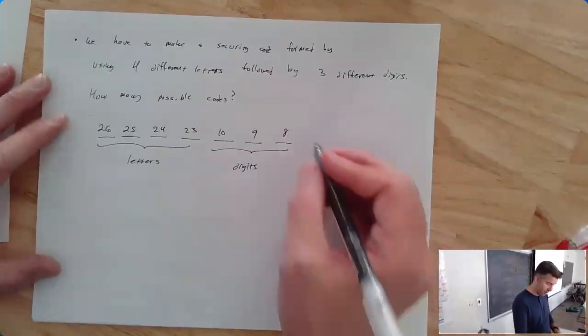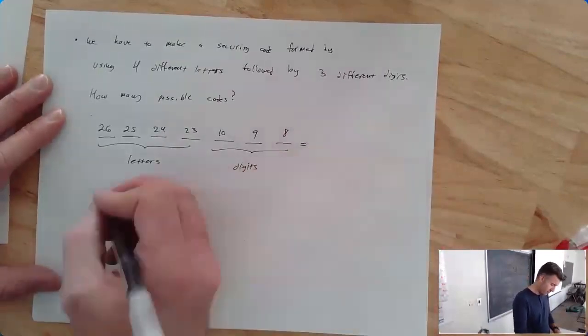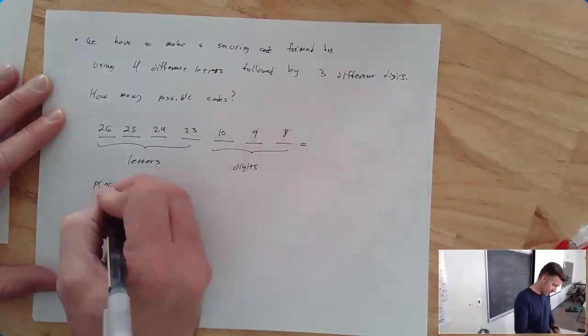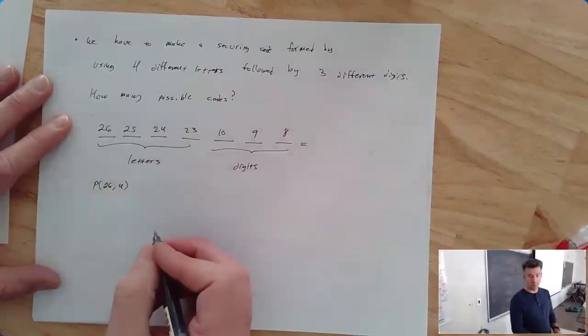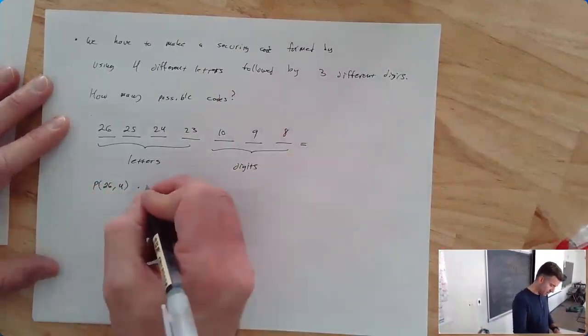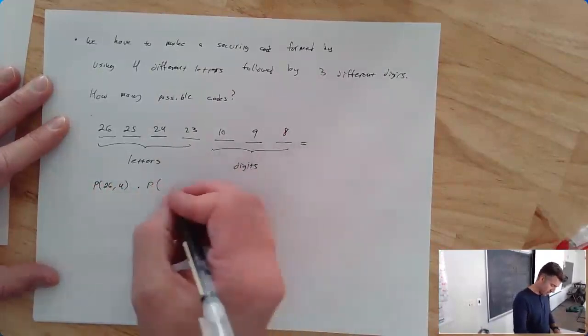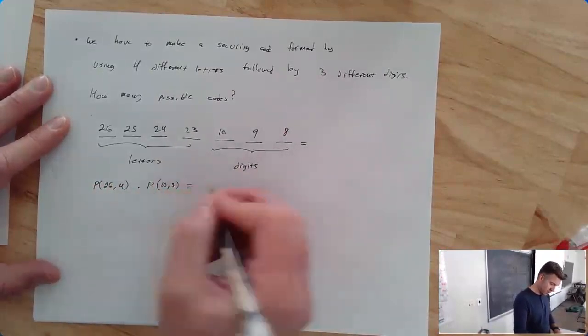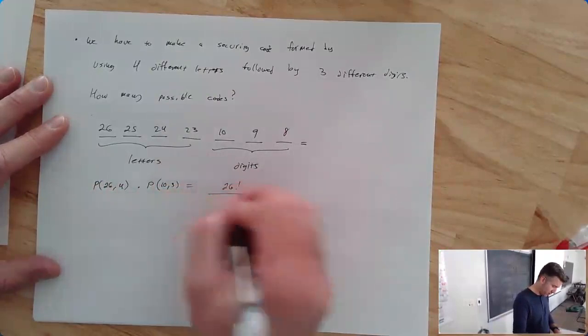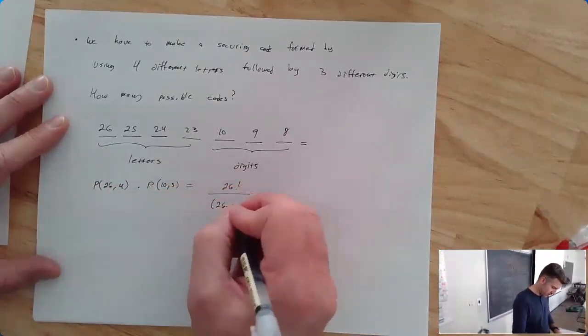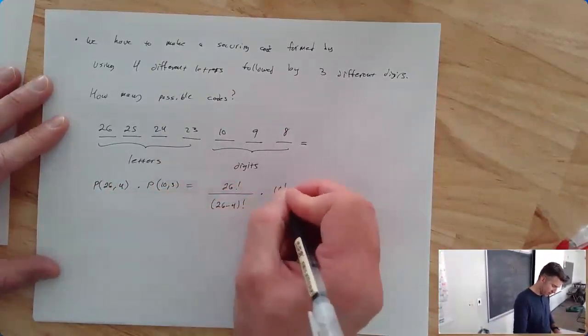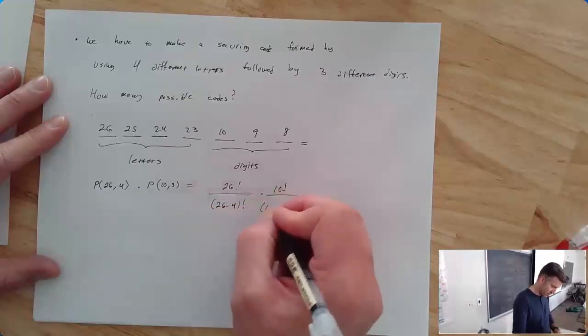But if we wanted to use the formula, it would be P of 26, permuting 4 things out of 26, times permuting 3 things out of 10, which is going to be 26 factorial over 26 minus 4 factorial times 10 factorial over 10 minus 3 factorial.